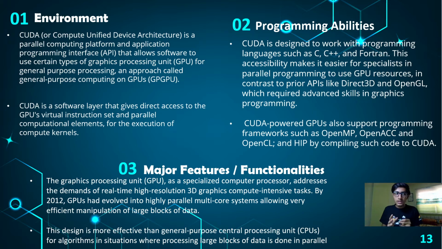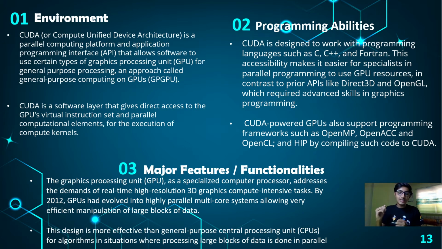CUDA-powered GPUs can support OpenCL, OpenACC, and all these frameworks and APIs, which can power our data models, our deep learning and machine learning models, and make them more accurate. The major feature is that it addresses the demands of real-time, high-resolution tasks, and these tasks can be performed by CUDA easily.